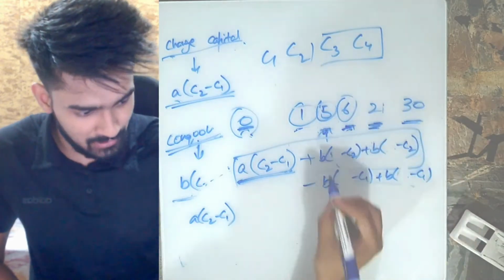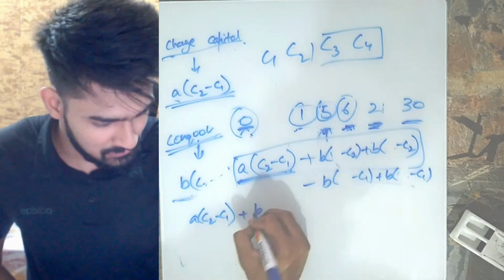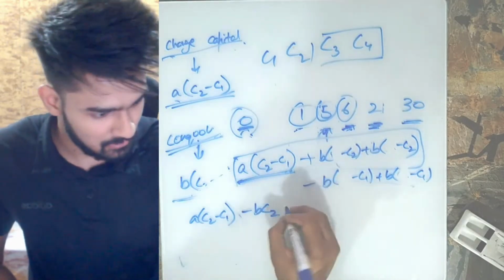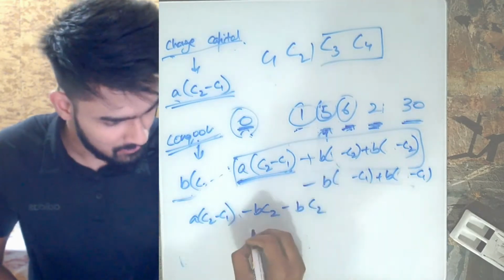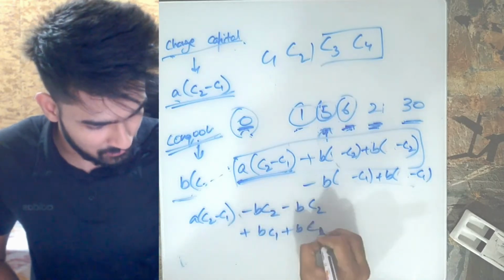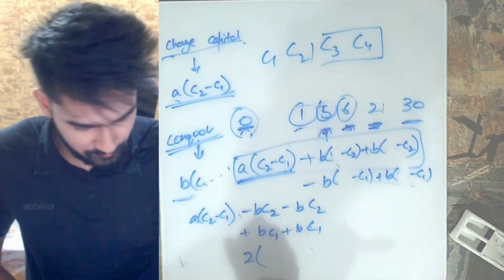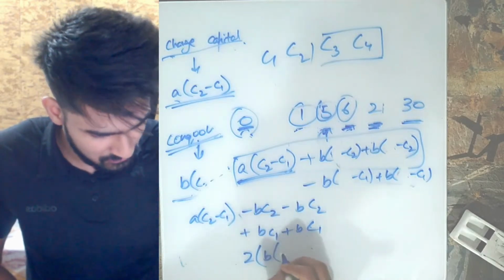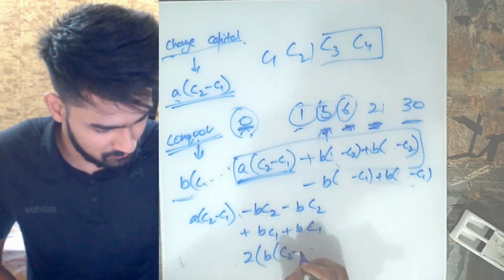So we are left with plus minus BC2, minus BC2 again, plus BC1, plus BC1. This is actually twice B times C2 minus C1.